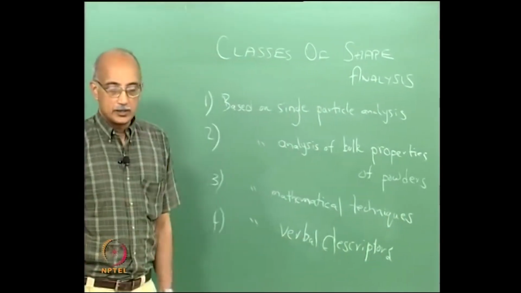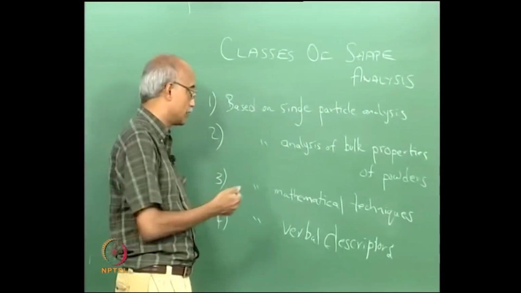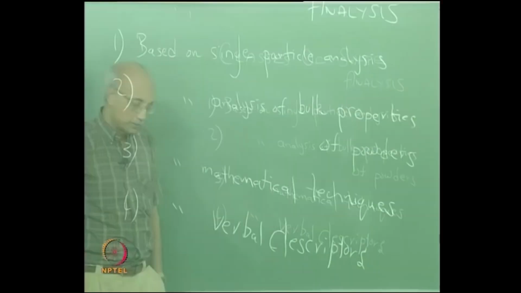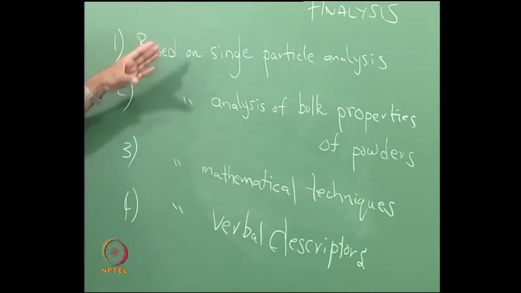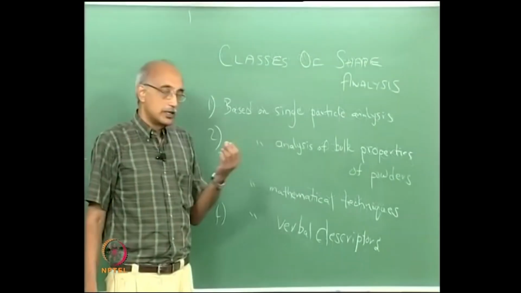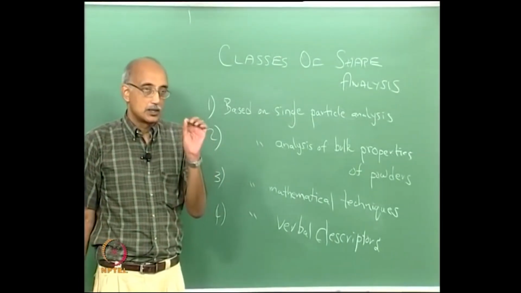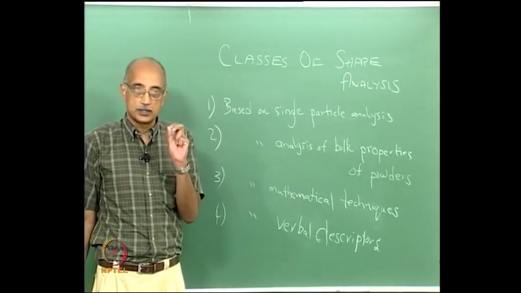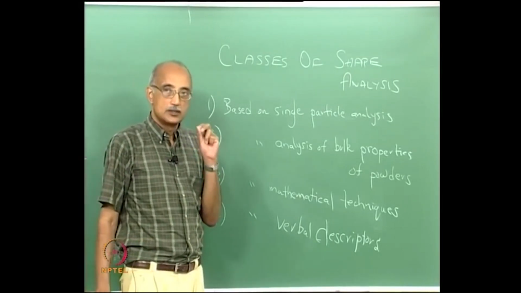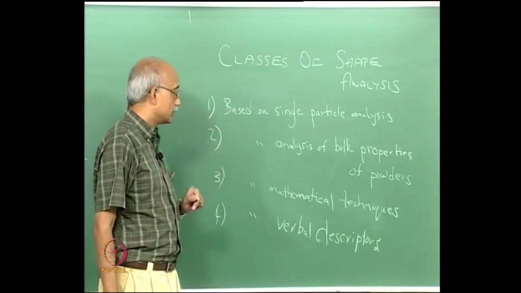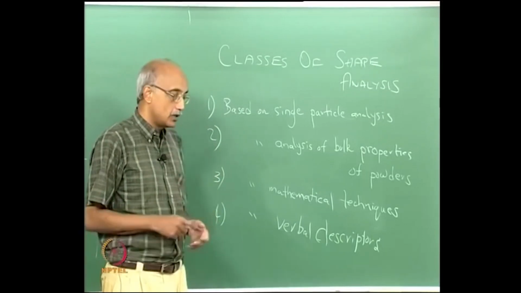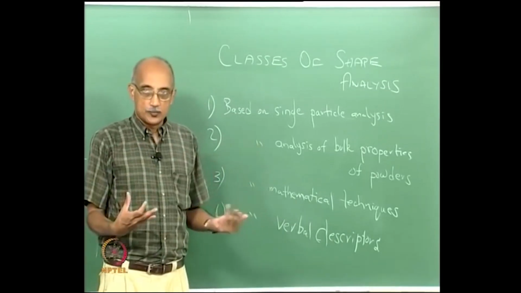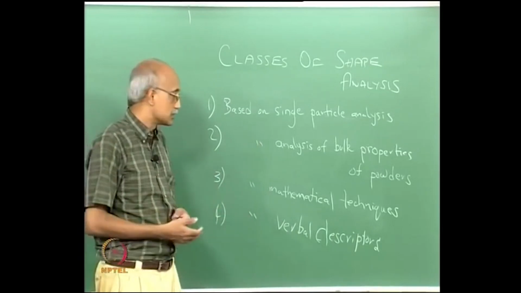So, this is a very broad classification of how particle shape analysis is done, and I think the terms are fairly self evident. You can do shape analysis by focusing on individual particles in a population. So, do the analysis at a single particle level, or you can do it essentially by looking at how entire populations of particles behave, bulk analysis.